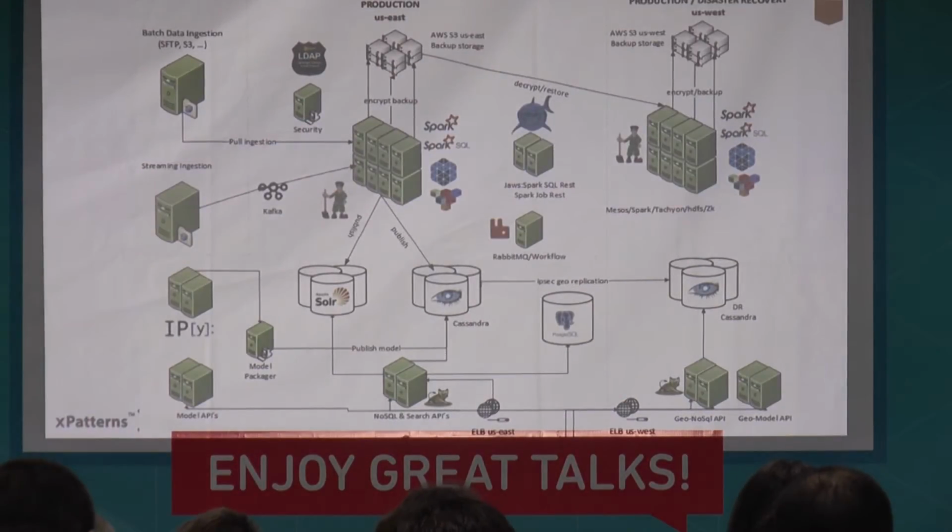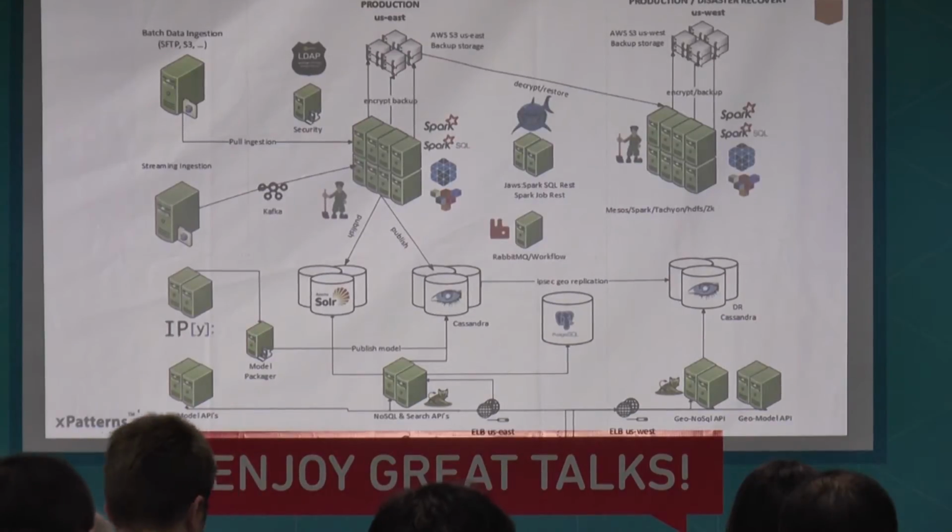On top of Cassandra and Solr, because they are very performant, we can later provide APIs for third-party companies to create user interfaces and decrease the time to market for their products.